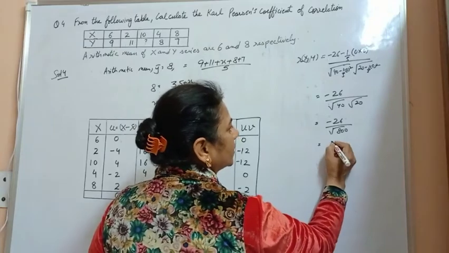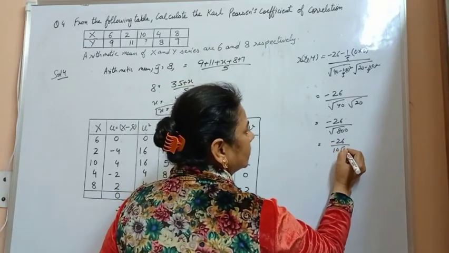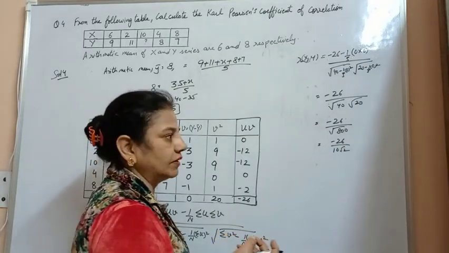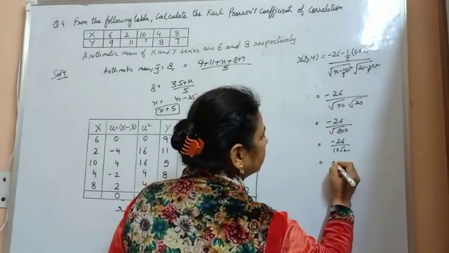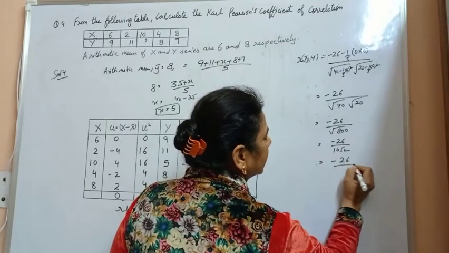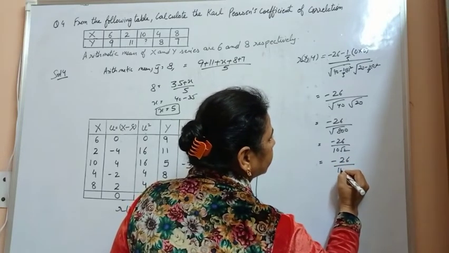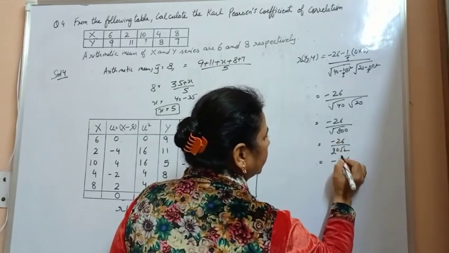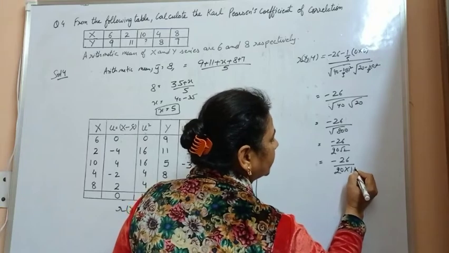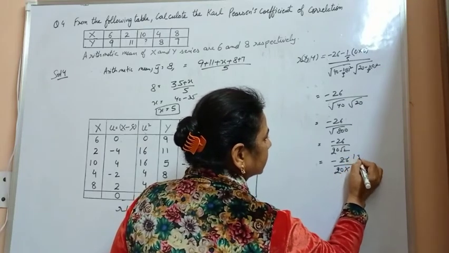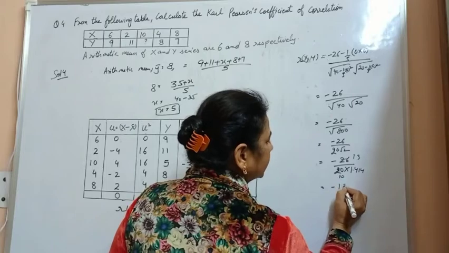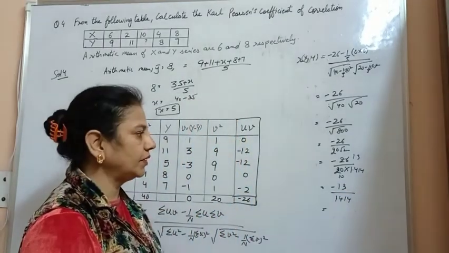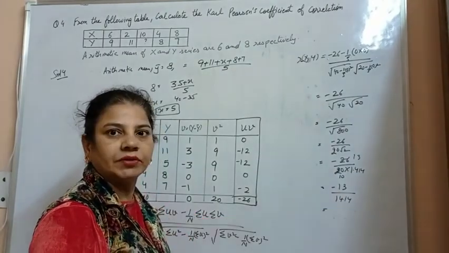That comes out to be minus 26 upon 10 root 2. We know that root 2 is 1.414. So we have minus 26 upon, sorry, 10 root 2 comes out to be 20 into 1.414, so minus 13 upon 14.14.